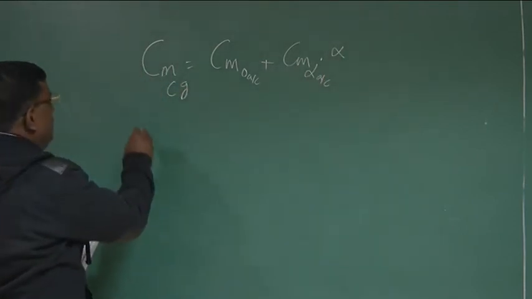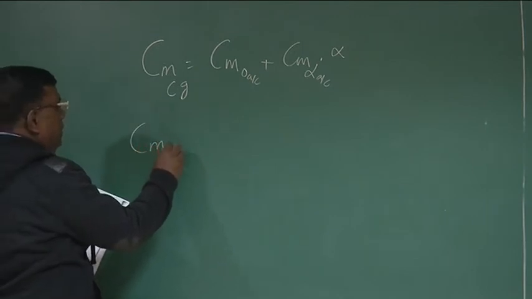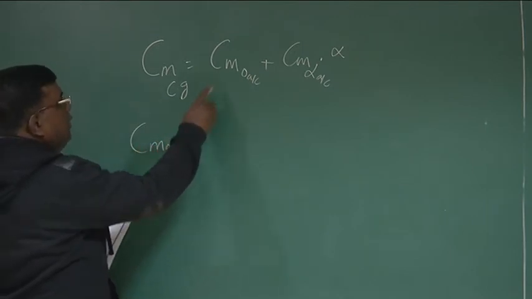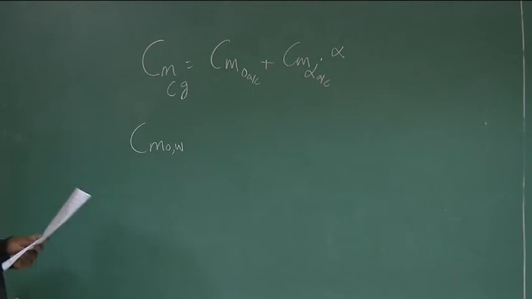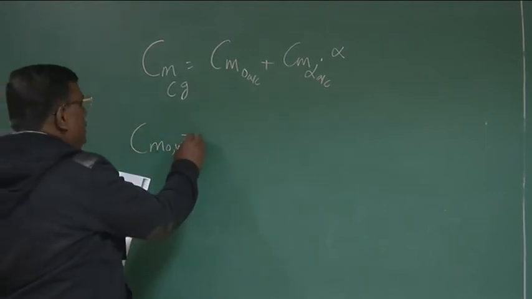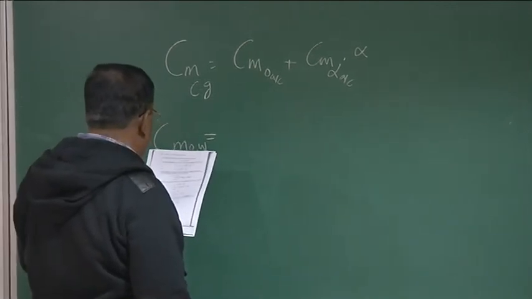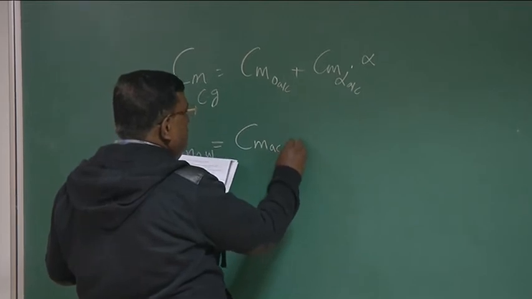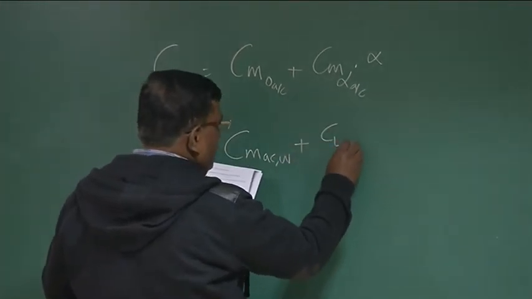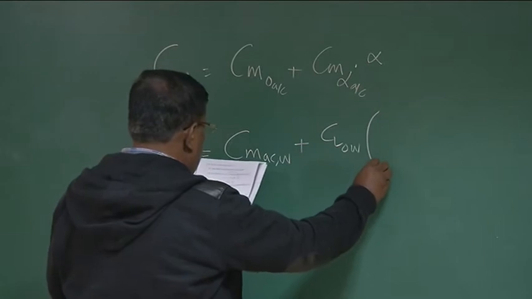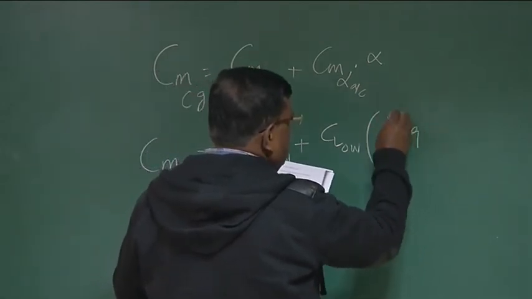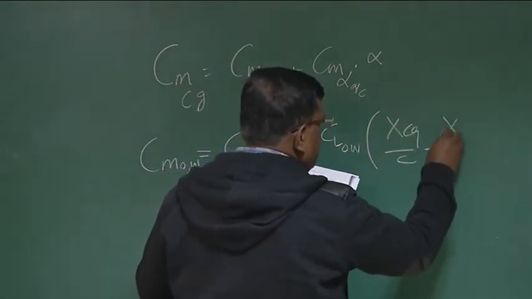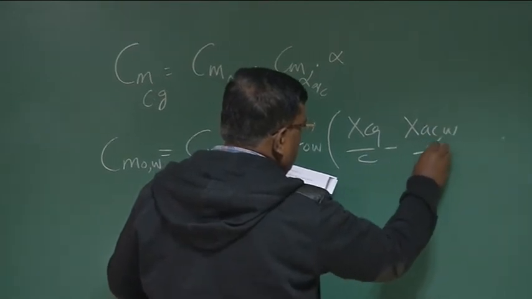We are not talking about Cm naught of the wing alone, because Cm naught of the aircraft has Cm naught wing plus Cm naught tail plus Cm naught fuselage. So we try to calculate Cm naught wing, and this you know, if you check, is CMAC wing plus CL naught wing into XCG by c minus XAC wing by c.